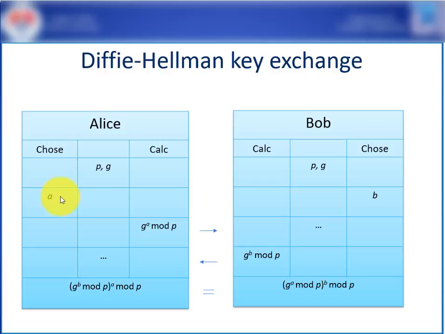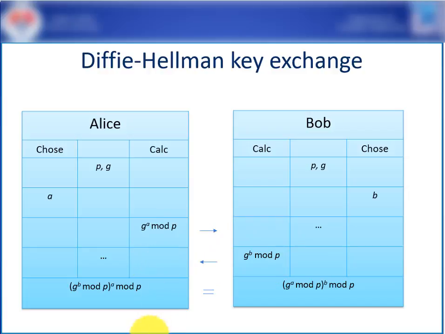Alice selects a number A and Bob selects the number B. Alice calculates G to the power A modulo P, since we are working in the field FP, and sends it to Bob. Bob calculates G to the power B modulo P, again since we are working in the field FP, and sends the result of this calculation to Alice.